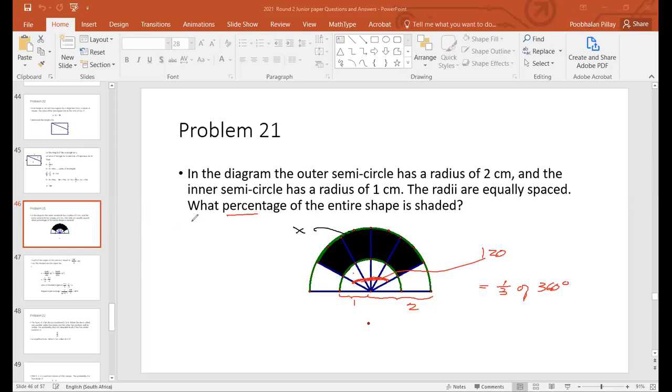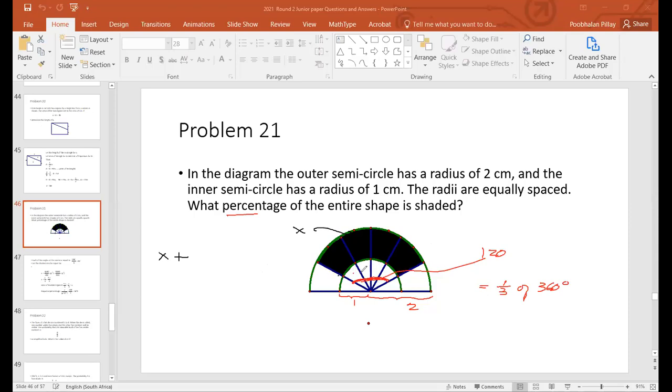Let's call it X. Do I have an equation involving X? Because I need to solve for X. Anybody can construct an equation involving X. X is the shaded area. I'd like to add the shaded area to this piece here, in which case I will get the area of this entire pizza slice.